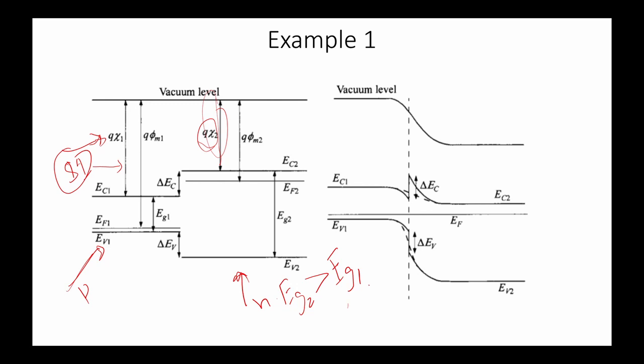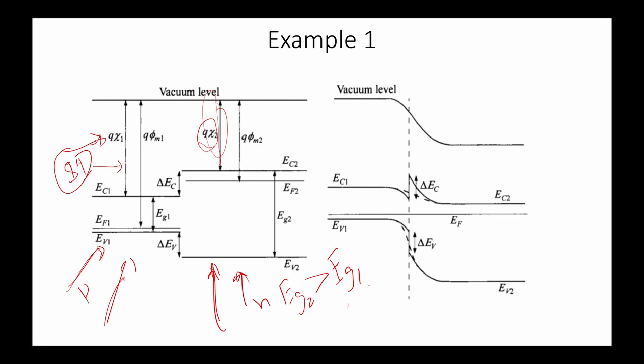Now when we join these two semiconductors together, this is semiconductor 1, this is semiconductor 2, what will happen? As we have discussed previously, the rules will be the same as when we join a metal and a semiconductor, or a p type semiconductor with an n type semiconductor, whether homo or hetero.